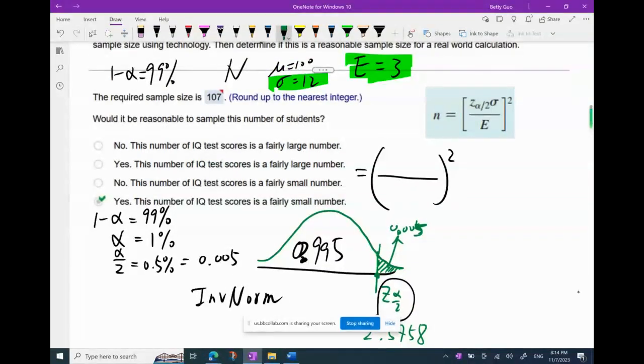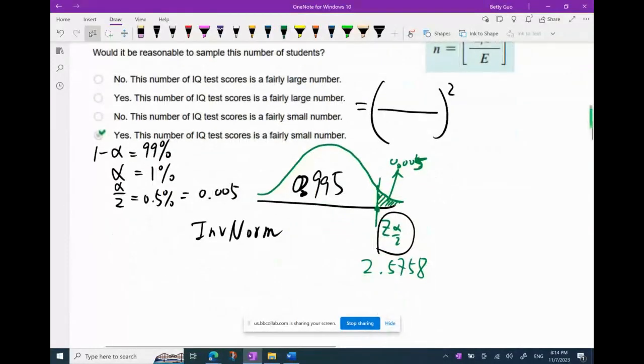Let's see how we round it. Z sub alpha over 2 is not the final answer we are going to enter into the system, so I would recommend you keep it as precise as possible. 2.575829303. You have those digits available, so why not just use them?